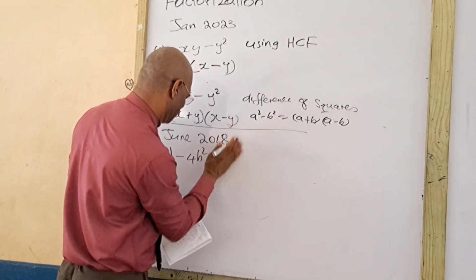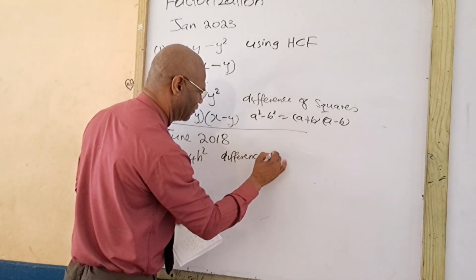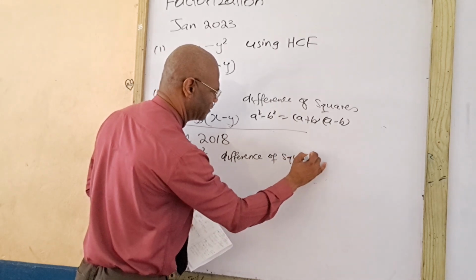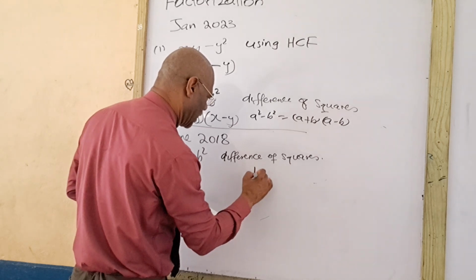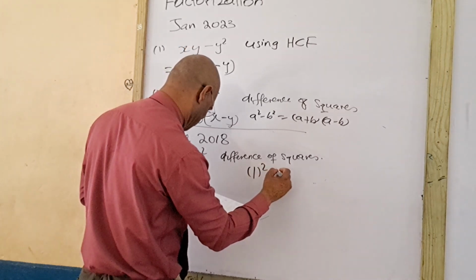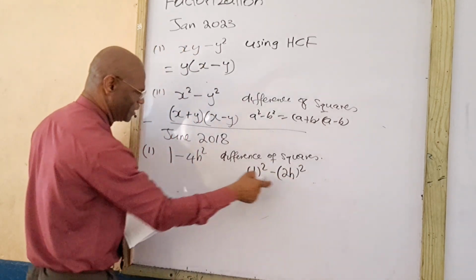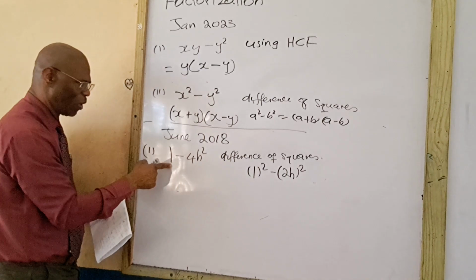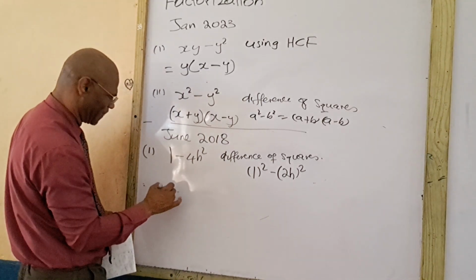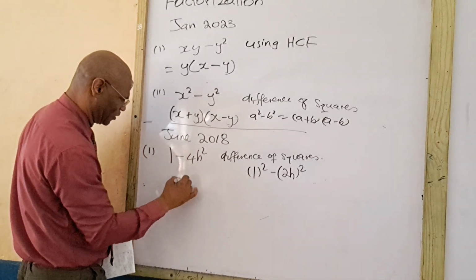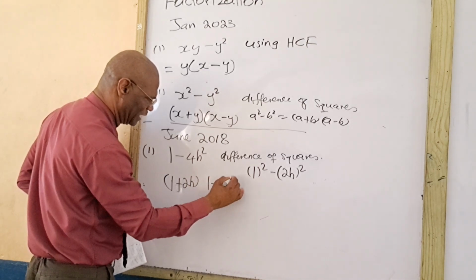So this is a difference of squares. And then we'll have 1 squared minus 2h squared. These are the square roots of 1 and 4h squared. So we'll have 1 plus 2h into 1 minus 2h.